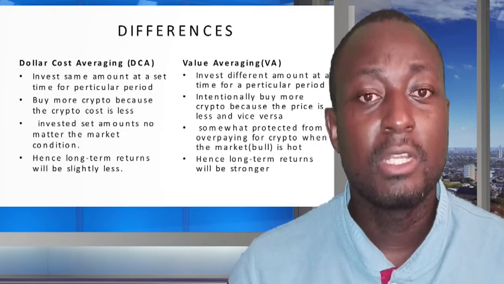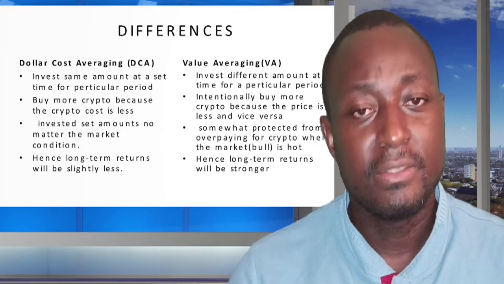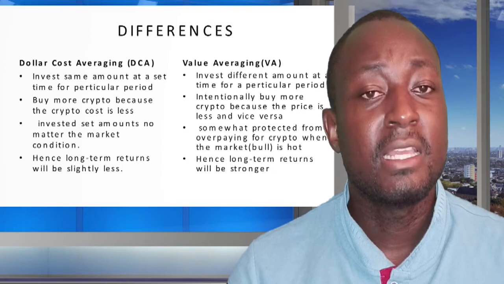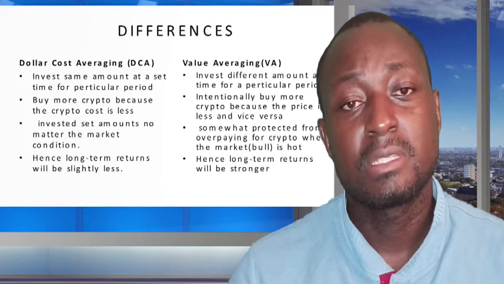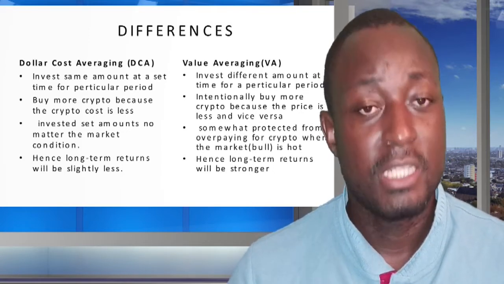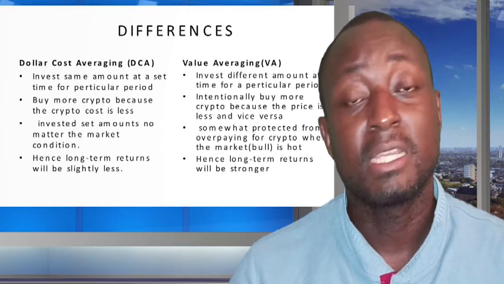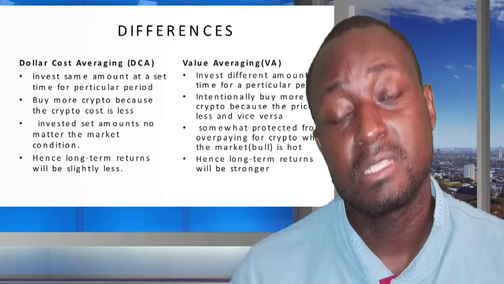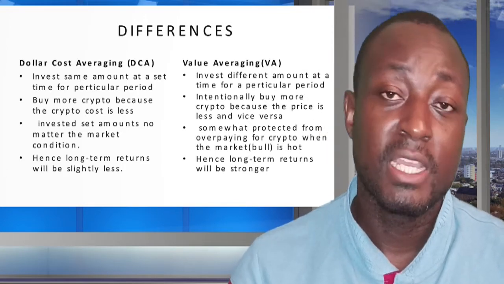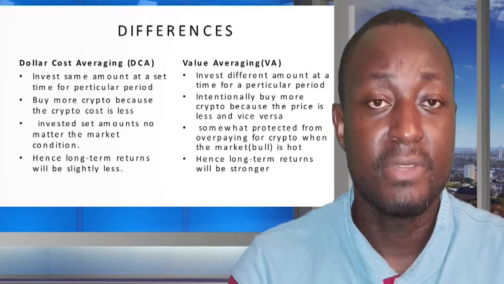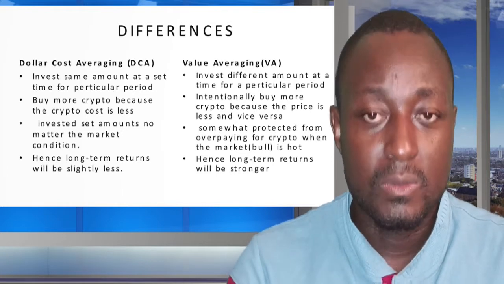Now, in dollar cost averaging, the other difference is that the invested set amounts don't change no matter the market volatility or the market movement. Whether the prices are falling or going up, the investor keeps investing the same amount.